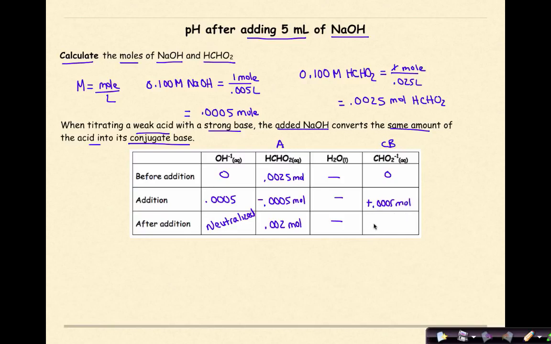So after the addition, I will have 0.0005 moles of my conjugate base. So to summarize, the weak acid neutralizes the addition of the hydroxide ions that come in, but at the same time, my conjugate base, the CHO2 minus 1, is going to form as a result. Therefore, the concentration of this conjugate base is going to increase.